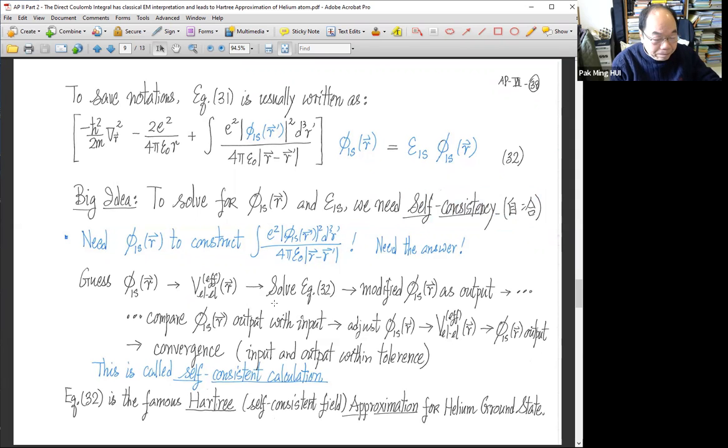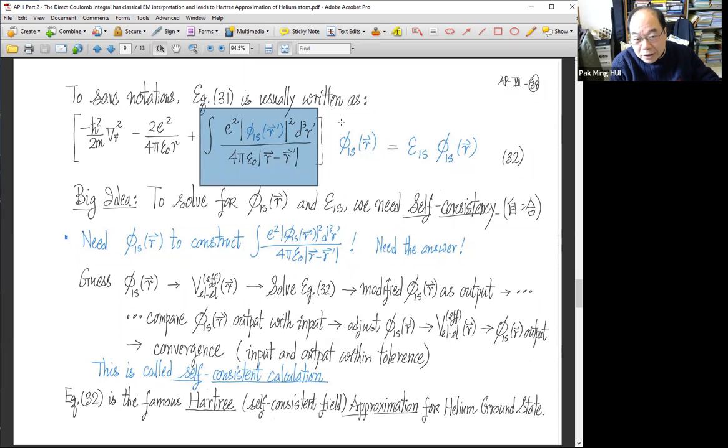What does it mean? Well, you can make an initial guess. Then you can go on to calculate this thing out. Basically, it's calculating a charge density using your guess, and then this is the Coulomb potential due to this guessed charge density. Then this is known.